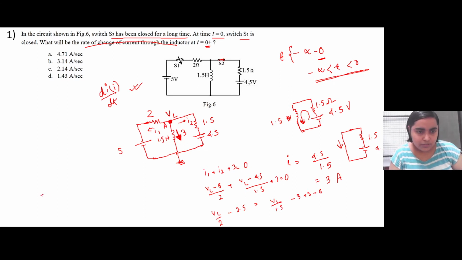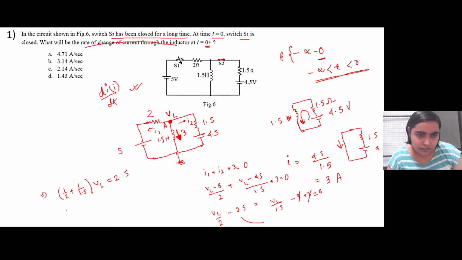So this will be equal to VL times (1 half plus 1 by 1.5) equal to 2.5. Just take it that side, this will be cancelled. So if you just calculate this, 0.5 plus 1 divided by 1.5, this comes out to be 1.667 VL equal to 2.5.